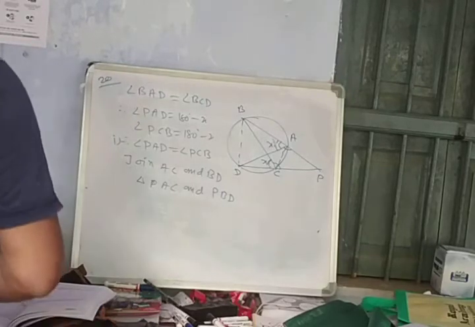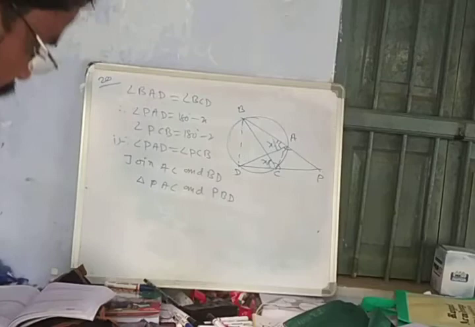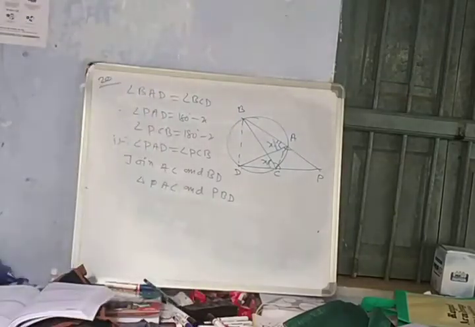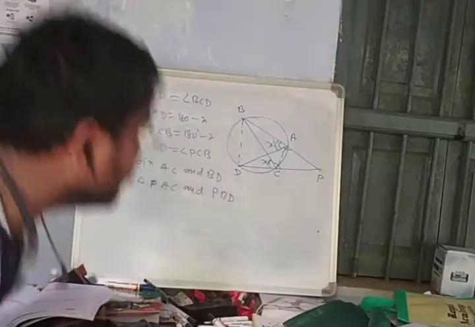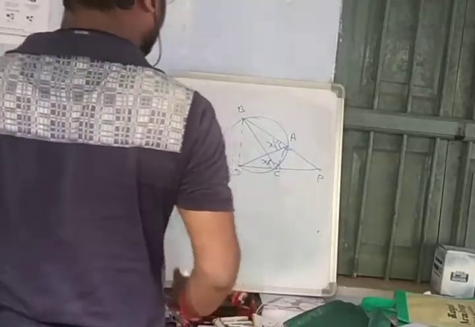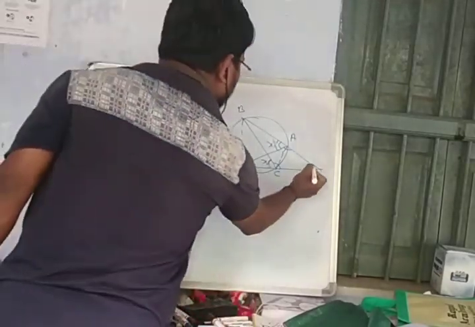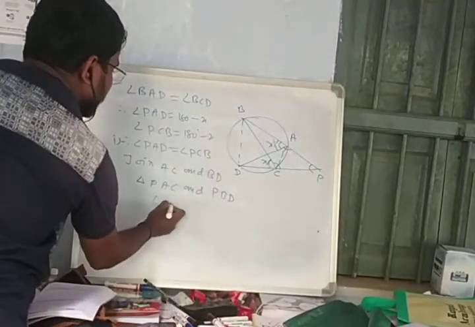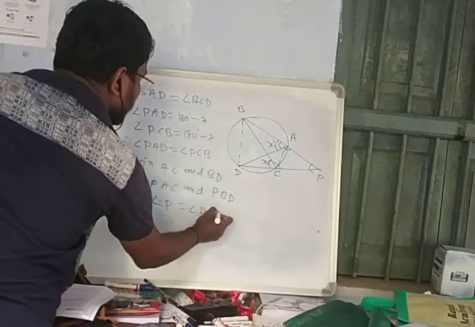You have to prove these two triangles are similar. This is the common angle. Angle P equals angle P, common.